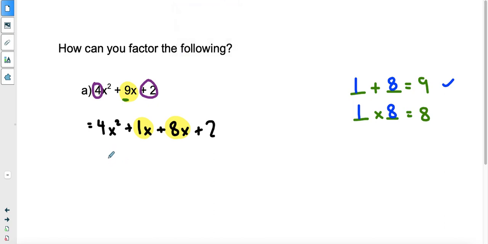So to factor by grouping, I'm going to need to common factor my first two terms here. If I common factor my first two terms, well, I notice there's an x in common to both of these, right? There's an x in common to both 4x squared and 1x. So I can common factor out an x.